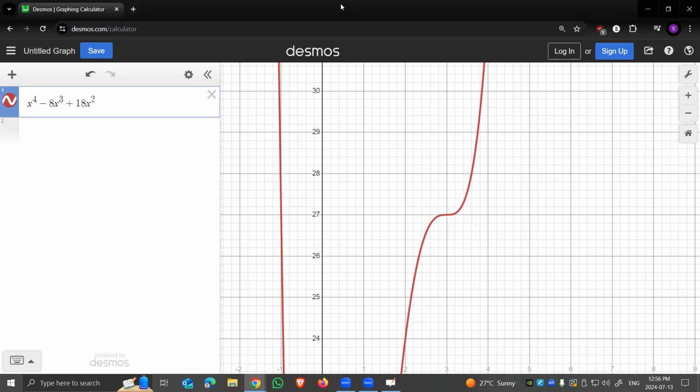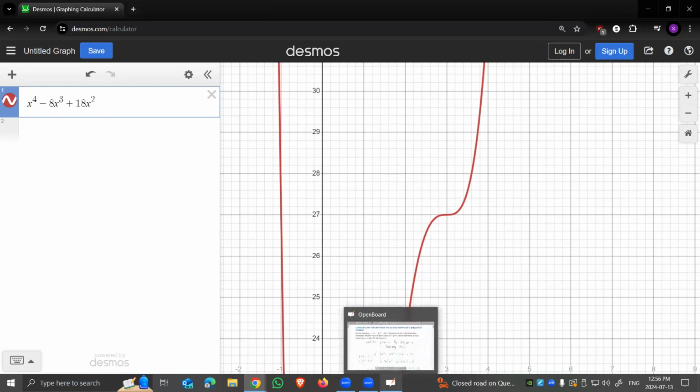Is there a range given? Nope, there's no range given. That's why sometimes it's important to graph the function. Look at this point. Is this a maximum? Does it look like a turning point right here? At a turning point, it has to go back in the same direction.